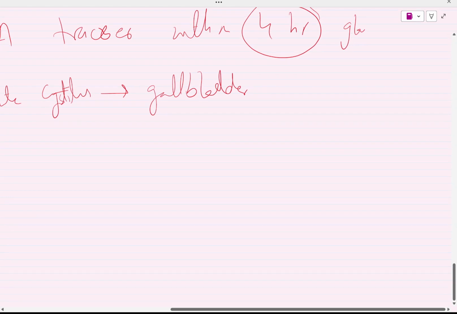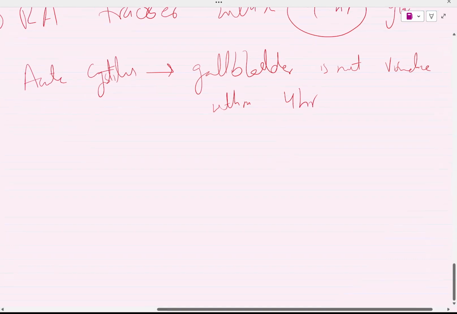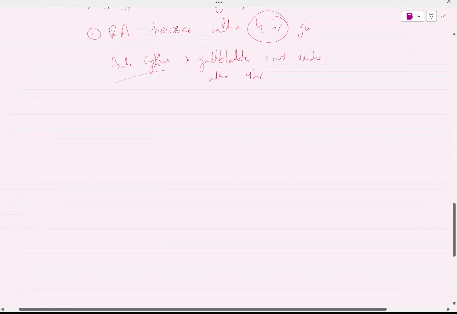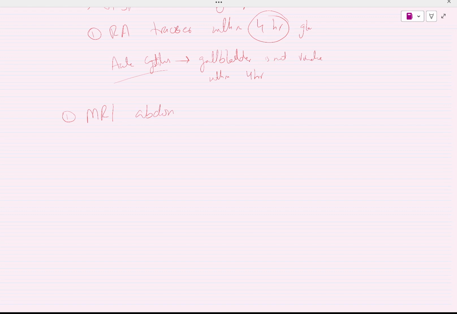You will not be able to visualize the gallbladder within 4 hours. So this is the characteristic finding of acute cholecystitis diagnostic test. Next test we can perform is MRI abdomen with or without contrast.